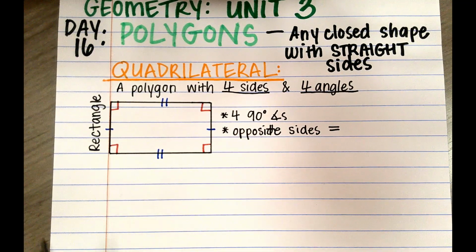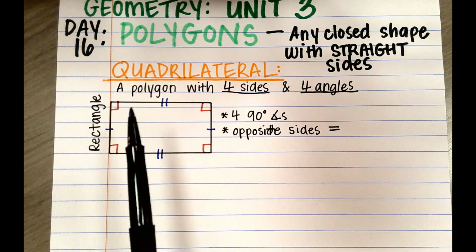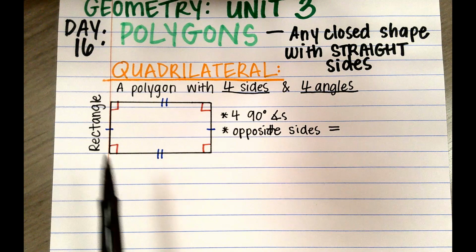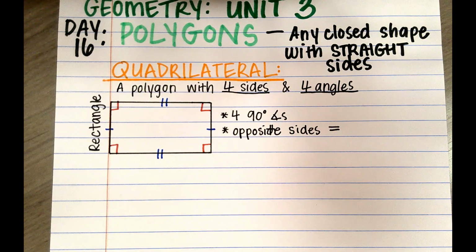Now with triangles, one of the first things that we started talking about was interior angles, the angles inside of the shape. In a rectangle, what are these interior angles going to add up to if I have 4 90-degree angles?